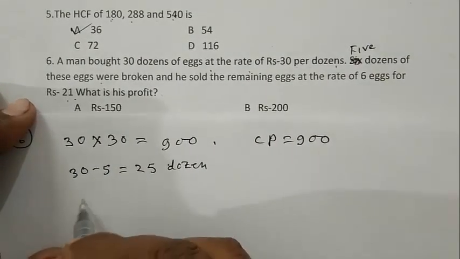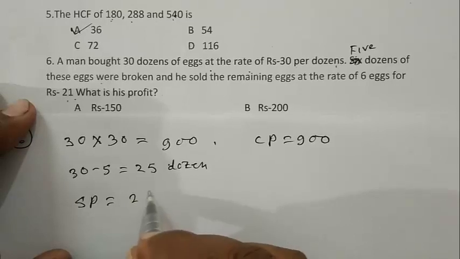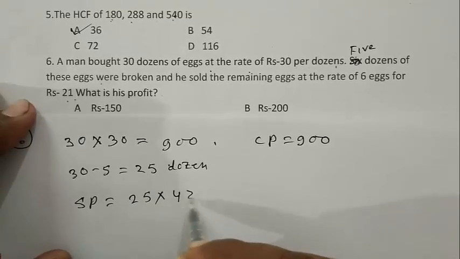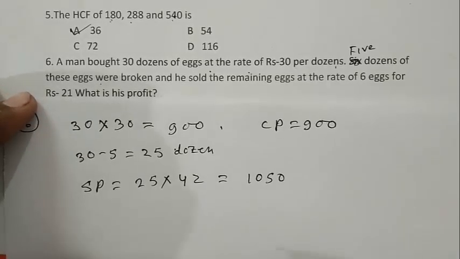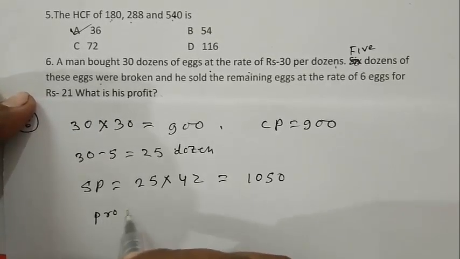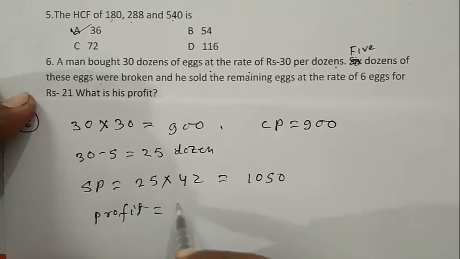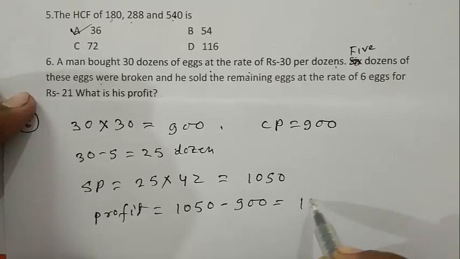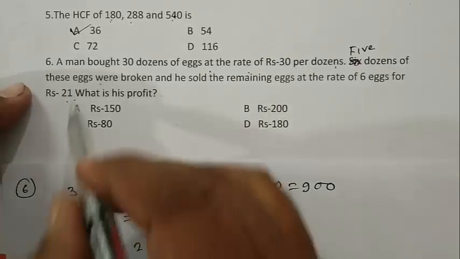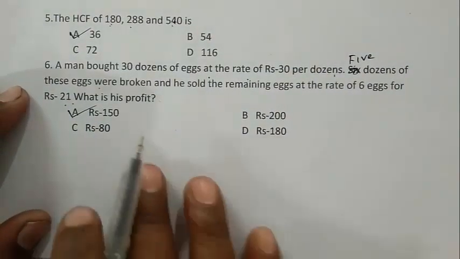So selling price SP equal to 25 into 42, that is 1050. So profit is 1050 minus 900, that is 150. So A is the right answer.